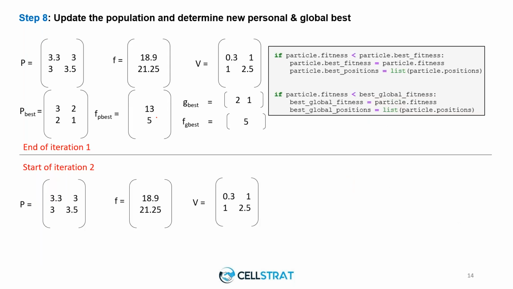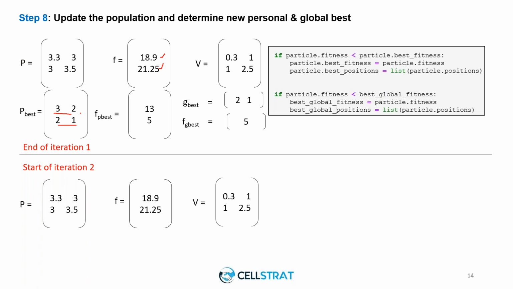Okay, now after this is done, for each of the particles we need to again find the p best and the global best. This is your new p values, and if you compare these fitness functions, the new fitness function is way higher than your previous fitness function. So naturally, the p best will not change.